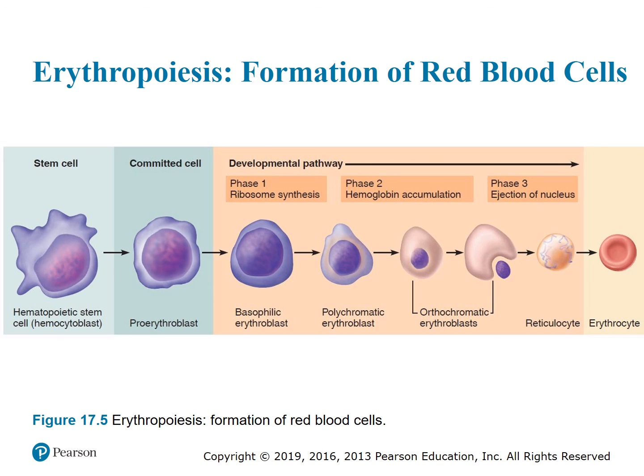In phase 2, hemoglobin accumulates. It's first a polychromatic erythroblast, then an orthochromatic erythroblast. Notice in phase 3 there's ejection of the nucleus, and then just before an erythrocyte we have a reticulocyte, and then we have the familiar erythrocyte with the biconcave shape.